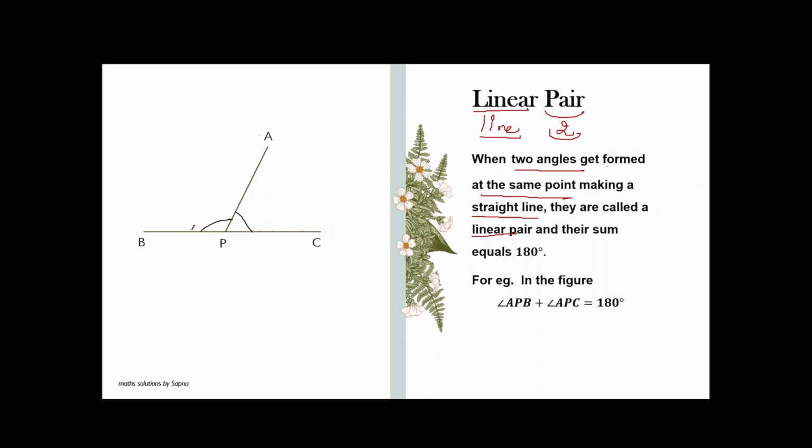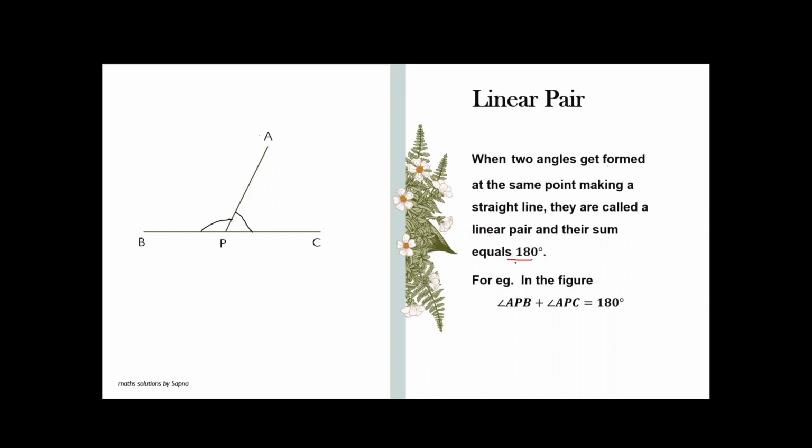This angle APB and this angle APC are getting formed at the same point P, correct? And when you draw a line through it, it's making a straight line. So whenever you see such a figure, you'll say that this is a linear pair, because two angles are getting formed at the same point making a straight line. Always remember, the sum of angles in a linear pair would always and always be 180 degrees.